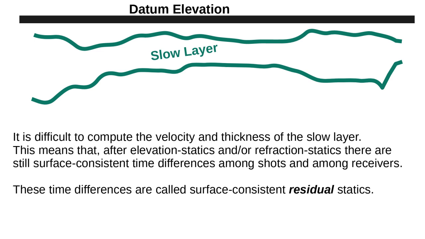It is difficult to compute the velocity and thickness of the slow layer. This means that after elevation statics and/or refraction statics, there are still surface consistent time differences among shots and among receivers. These time differences are called surface consistent residual statics.